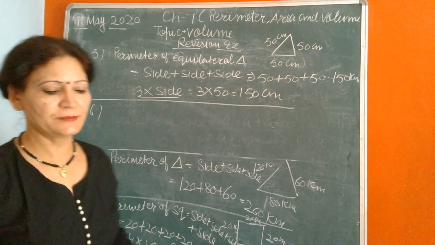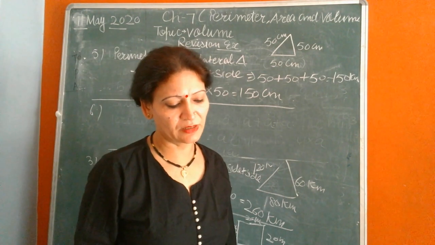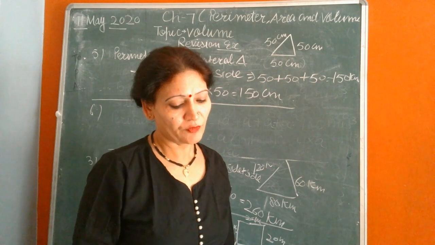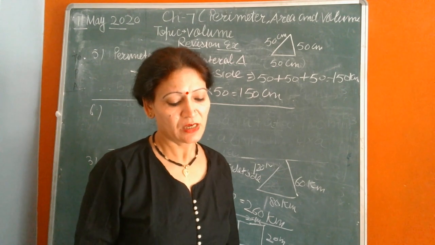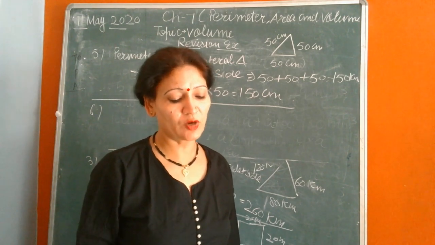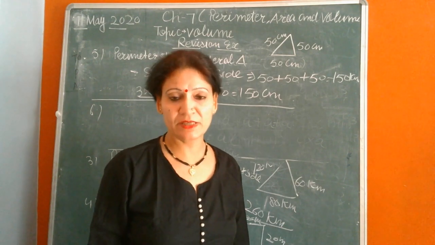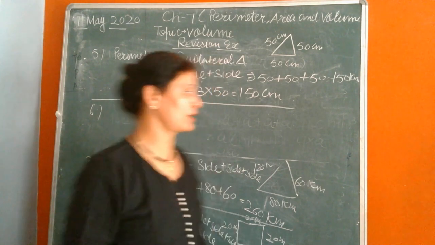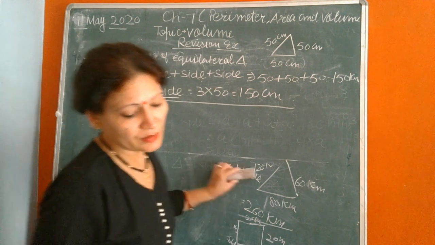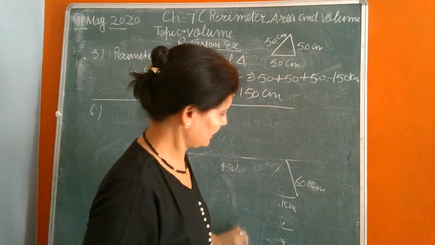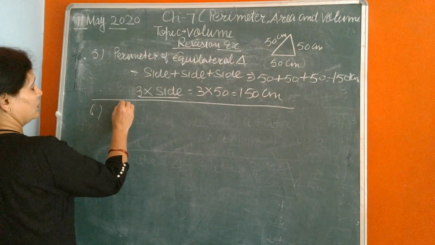Question 6: write the formula to find out the area of a rectangle whose length is L, breadth is B. Now we will find the area of the rectangle.